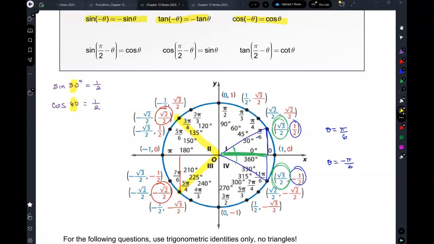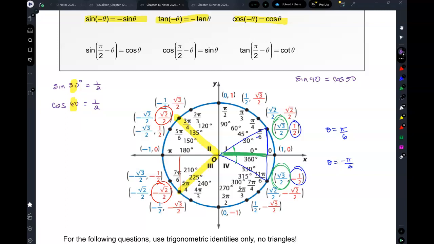Okay, Ms. Malikin, what the heck are you talking about? Well, exactly this. So for example, suppose I had sine of, give me a number, 40. What will this be the same as? It'll be the same as cosine of the complement. What's the complement? 50.